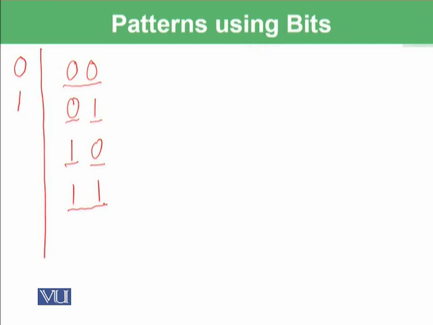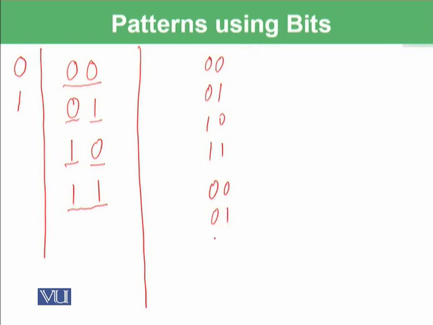So these are all the possible combinations which can be formed when we have 2 bits. So these become 4. And if we have 3 bits, then it will become 000, 001, 010, 011. You need to write it again and put 0 to the first 4 and put 1 to the last 4.